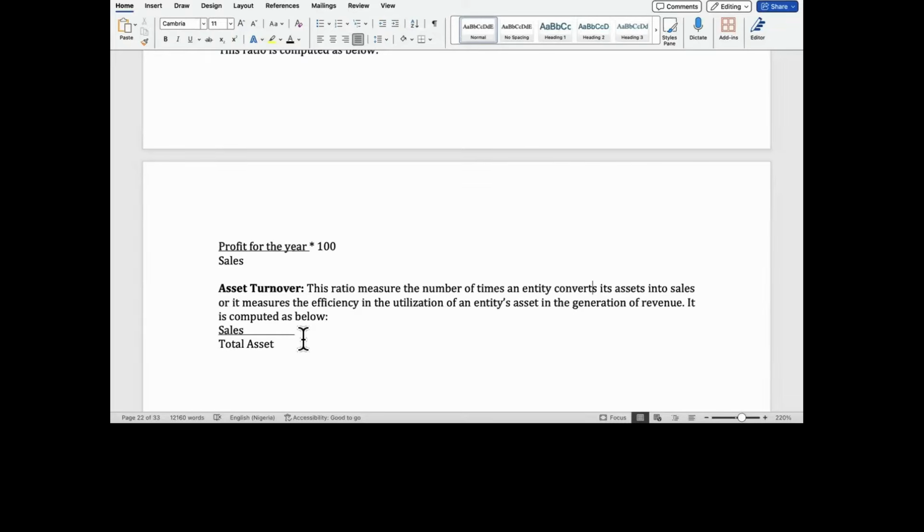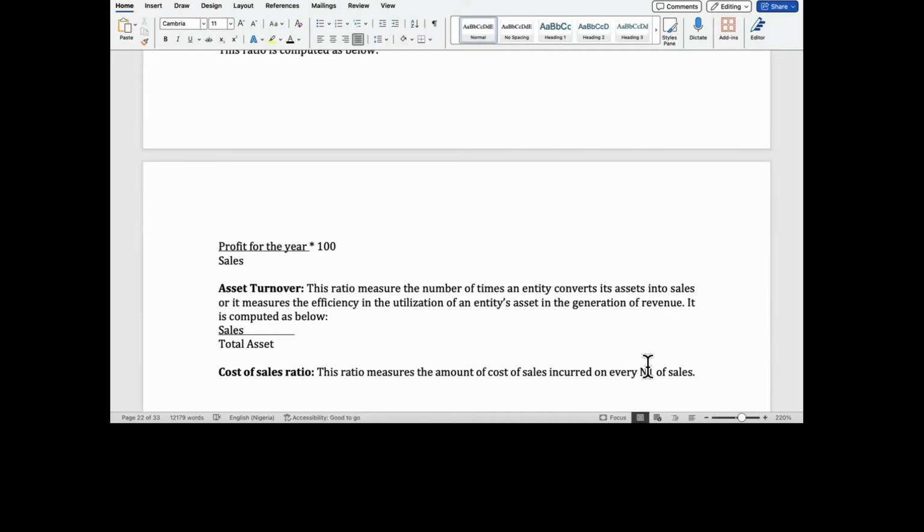In the exam, you need to know exactly where you're going and what you're speaking to. So we have the cost of sales ratio. This ratio measures the amount of cost of sales incurred on every 1 naira of sales.